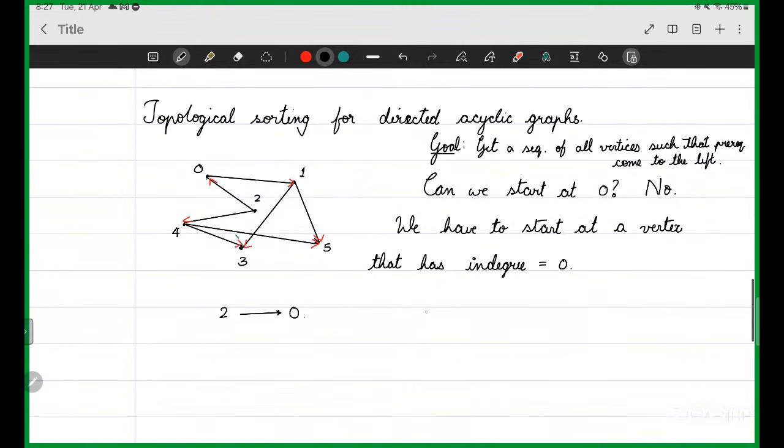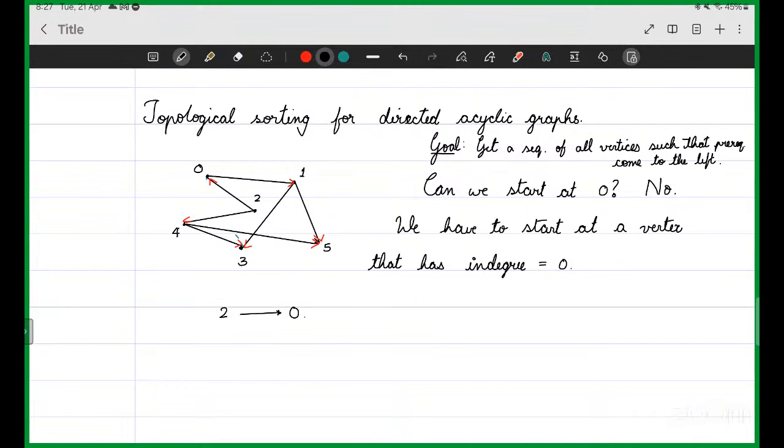So if I start with 0, the 2 will come somewhere, may not be immediately. I want to get a chronological list of things that I need to do in some order, an order in which I have to perform the activities or traverse the vertices of the graph. So if 2 comes somewhere over here, that cannot be possible because that would mean 0 being done before 2, which is not okay.